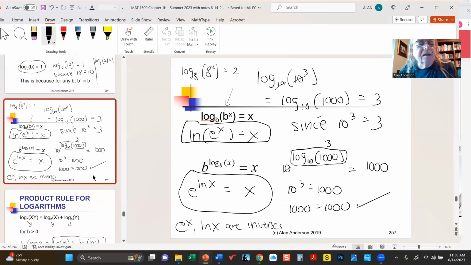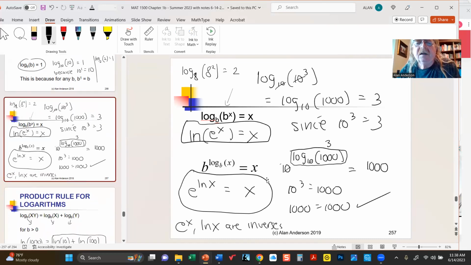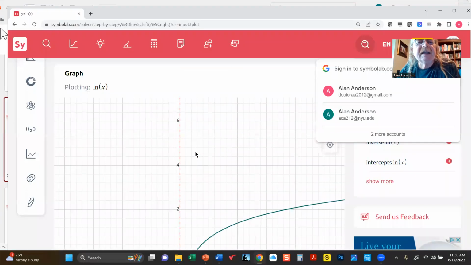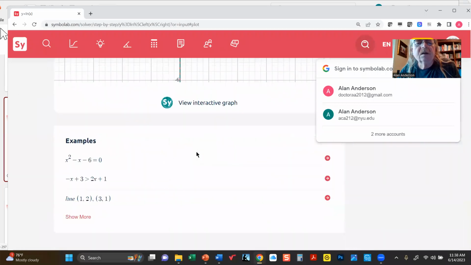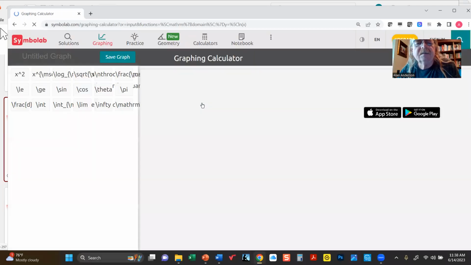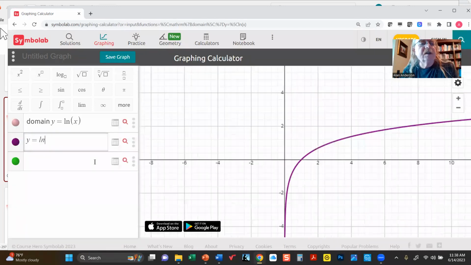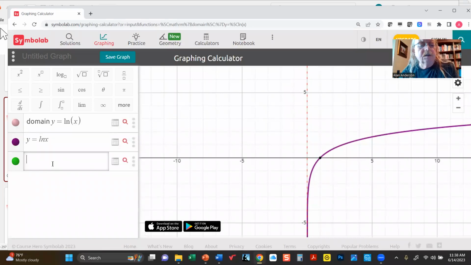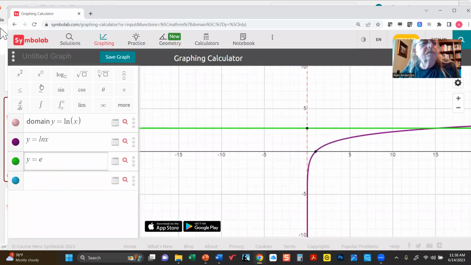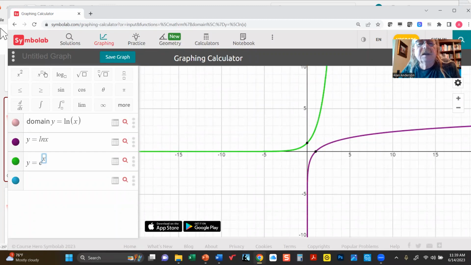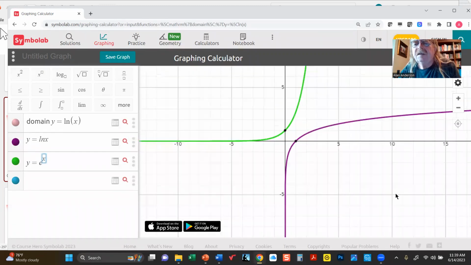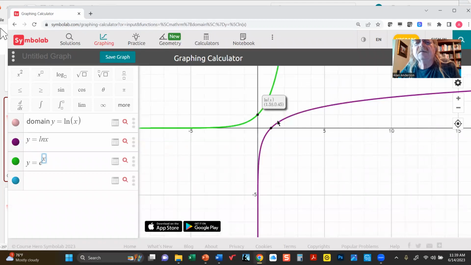Now, what's interesting, I'd like to show this to you on Symbolab. Symbolab is actually capable of putting more than one graph at a time on the same axes. So here's what we're going to do. We've already seen the function of log x. I chose different colors because it's easier to see them. This is the purple one on the bottom. You're very familiar with it. This is y equals log x.